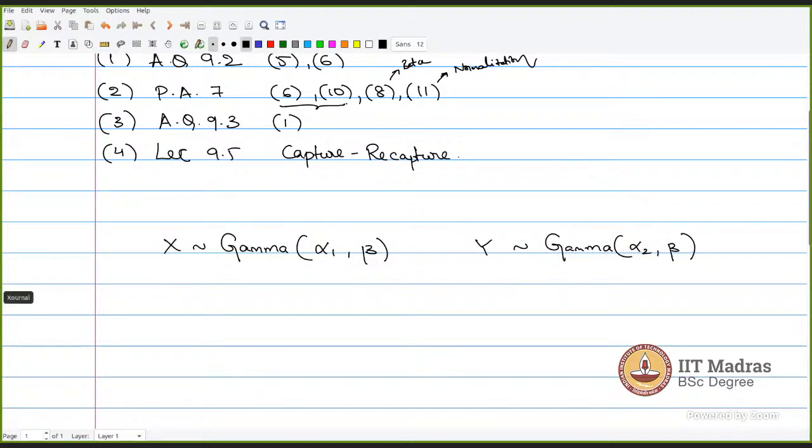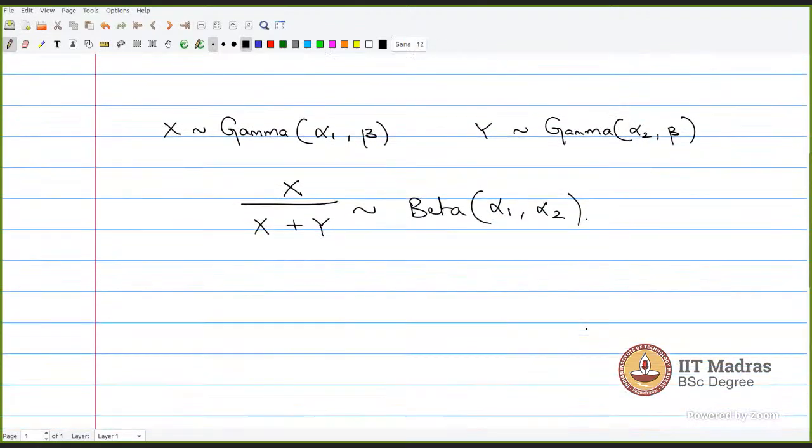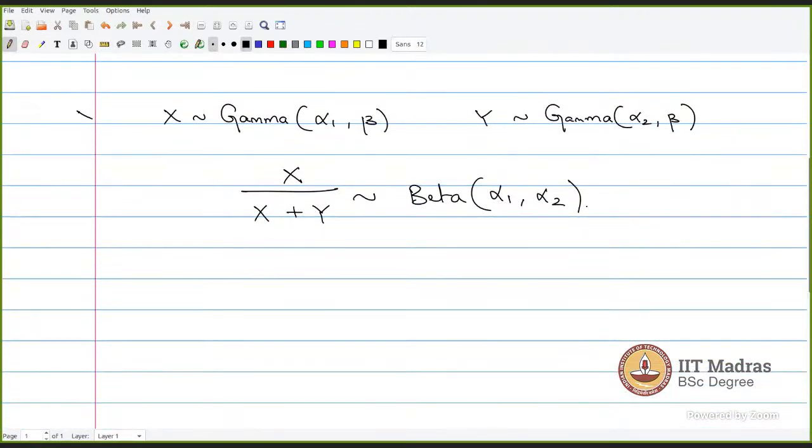Now in the lecture it is said that x by x plus y will follow Beta(alpha 1, alpha 2). The professor also stated that you don't need to worry about how this came, but this is an interesting observation to look at.